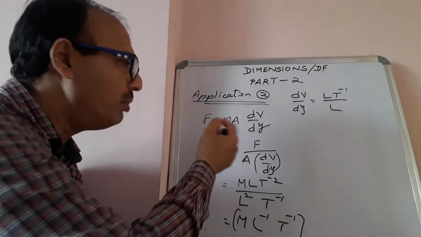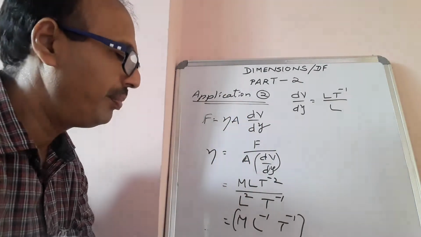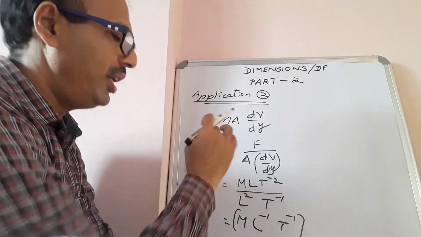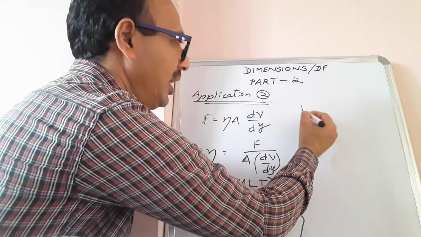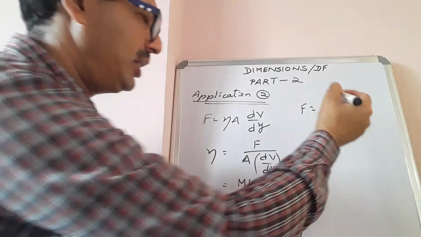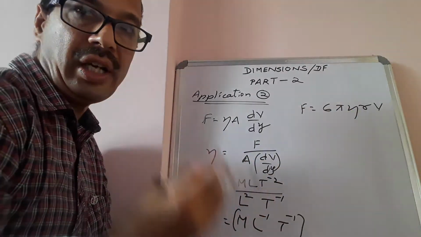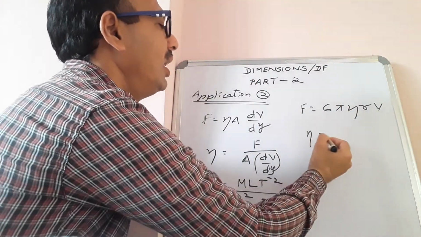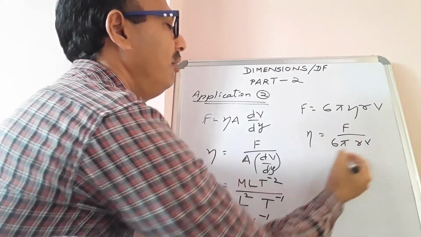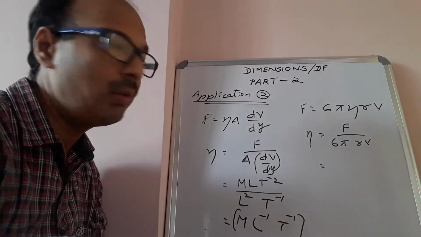Whenever that chapter comes, you will learn this formula, or otherwise, if you know, you can understand. Another formula we can use for deriving this coefficient of viscosity is F is equal to 6 pi eta R V. These are all constants, so eta is equal to F by RV, and they don't play any role while writing the dimensional formula.